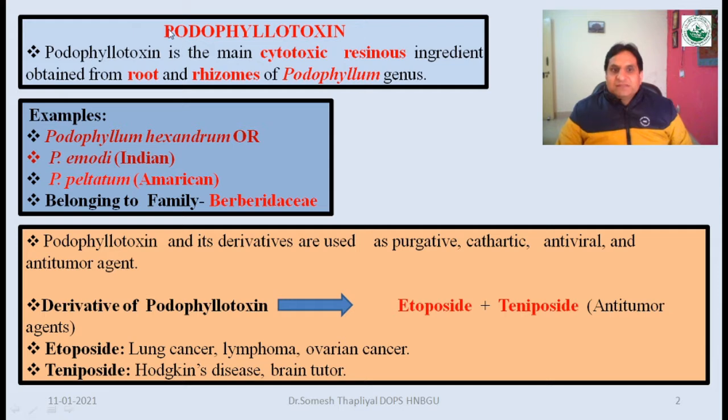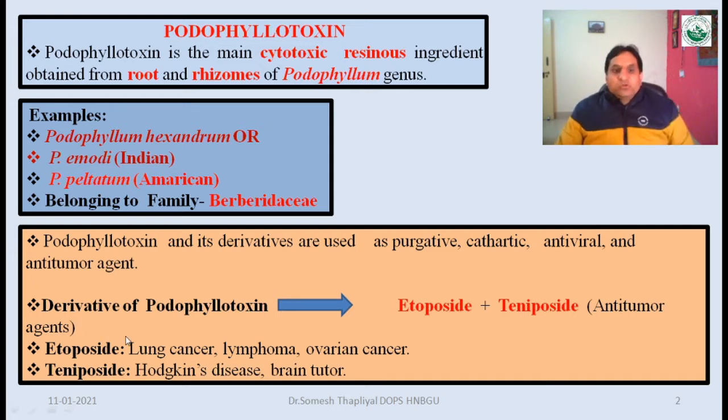So we can say that podophyllotoxin is the cytotoxic resinous component obtained from the roots and rhizomes of Podophyllum hexandrum or Podophyllum emodi, or Podophyllum peltatum, belonging to family Berberidaceae. Podophyllotoxin and its derivatives are commonly used as purgative, cathartic, antiviral and anti-tumor agents.